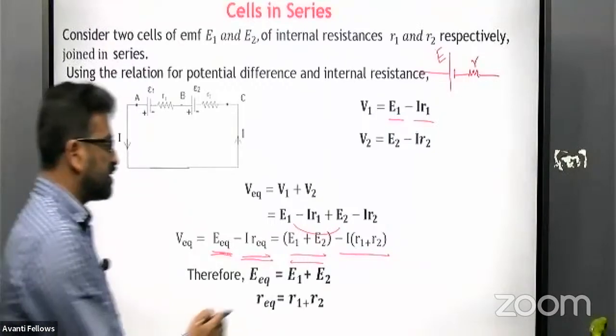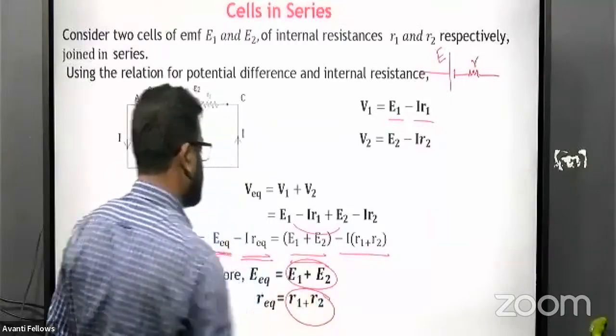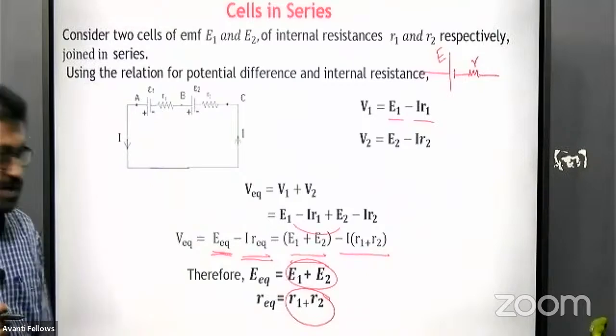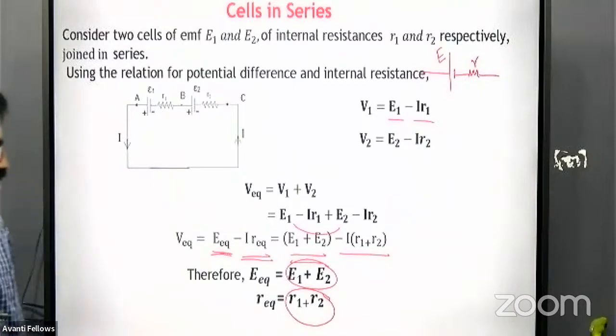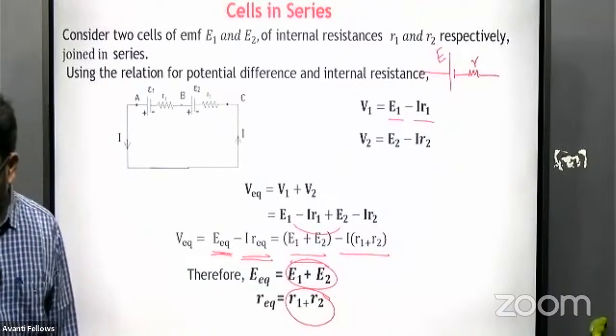E equivalent is the sum of individual EMFs, R equivalent is the sum of individual internal resistances. So if many cells are connected in series, the equivalent EMF will be the sum of individual EMFs, and the equivalent internal resistance will be the sum of individual internal resistances.